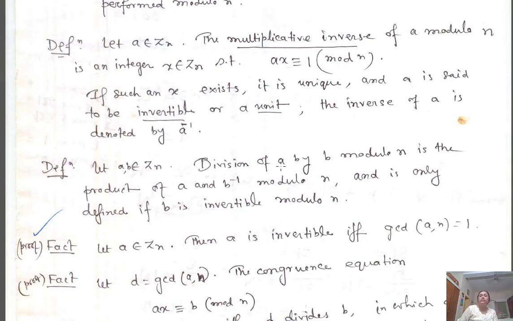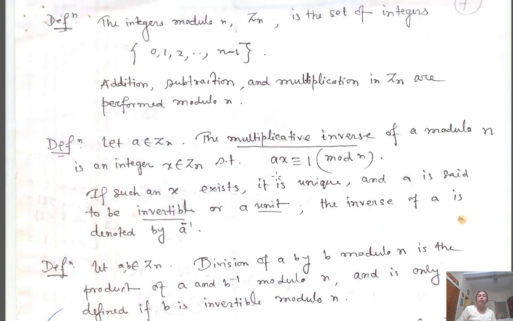Suppose I am dividing 5 by 2 modulo 13. Whatever fraction you get should be handled modulo n, so 5 by 2 is essentially the same as 5 times 2 inverse modulo 13.